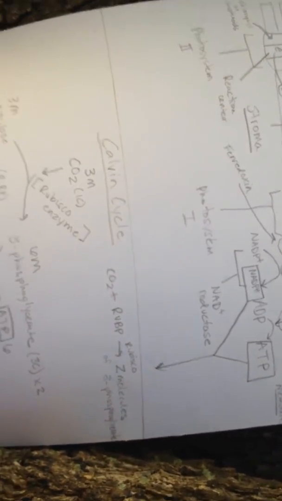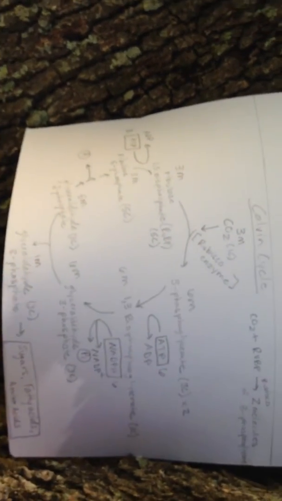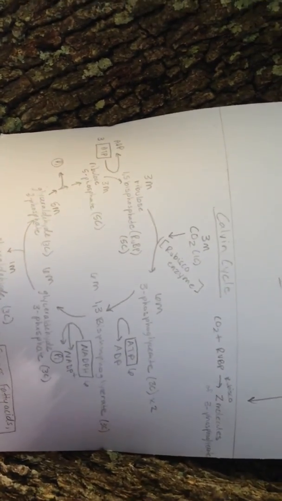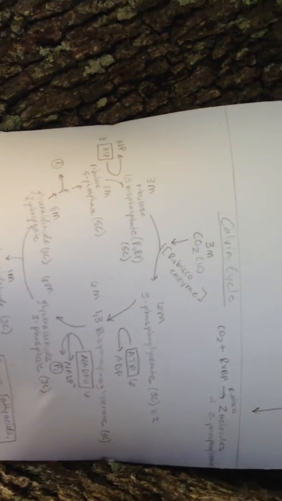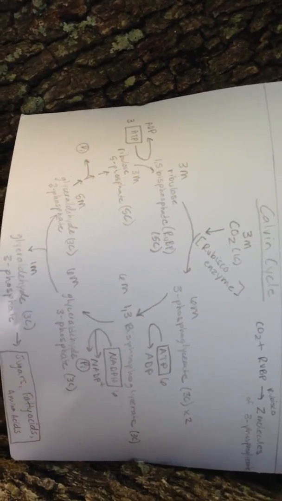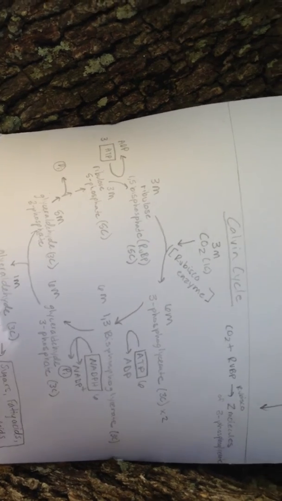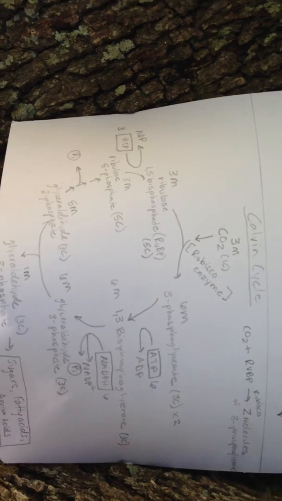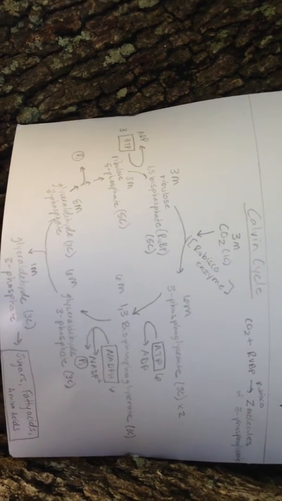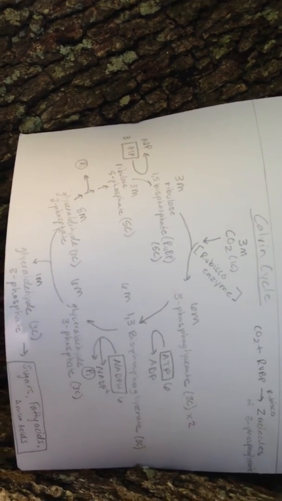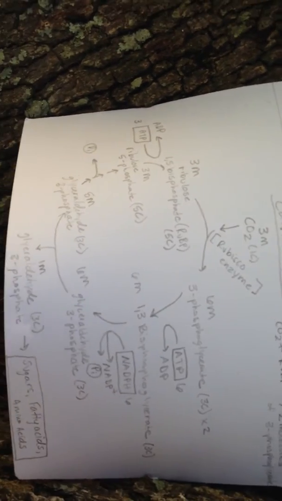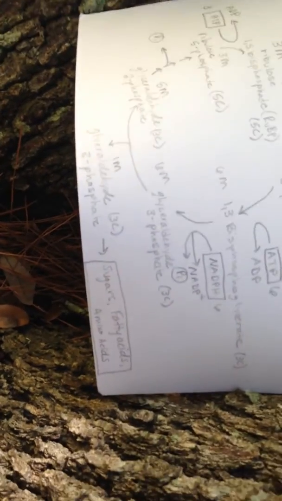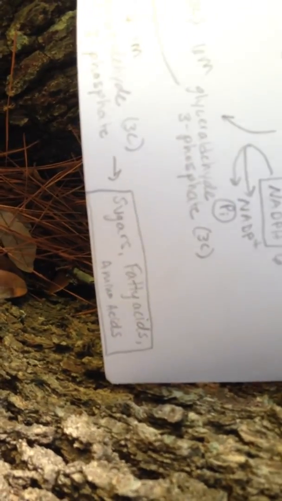And why those are so important, we're going to see right now, because those are what make the Calvin cycle move. The Calvin cycle is what's happening in the stroma, and what it's going to do is fix carbon dioxide. What we want this for is to make glucose, or fatty acids, or amino acids.